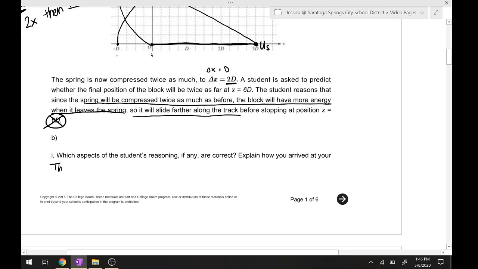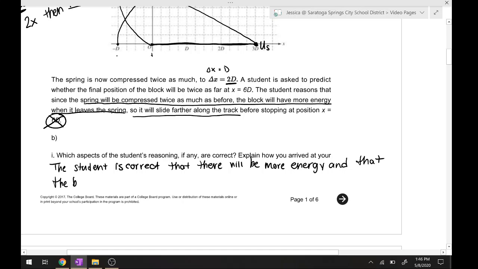So the student is correct that there will be more energy and that the block will slide farther.